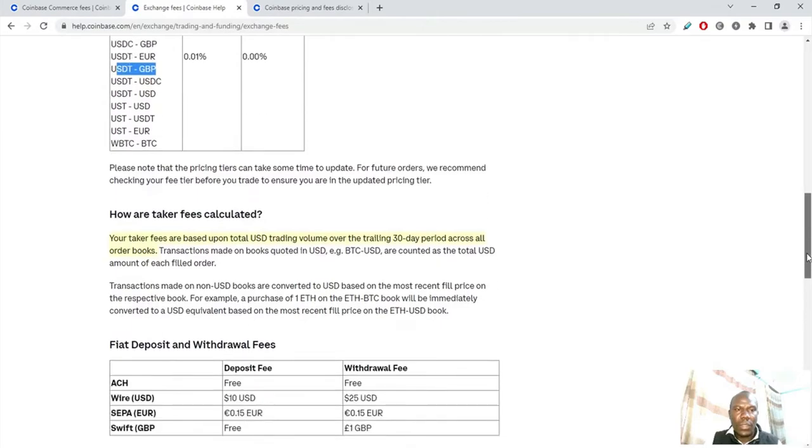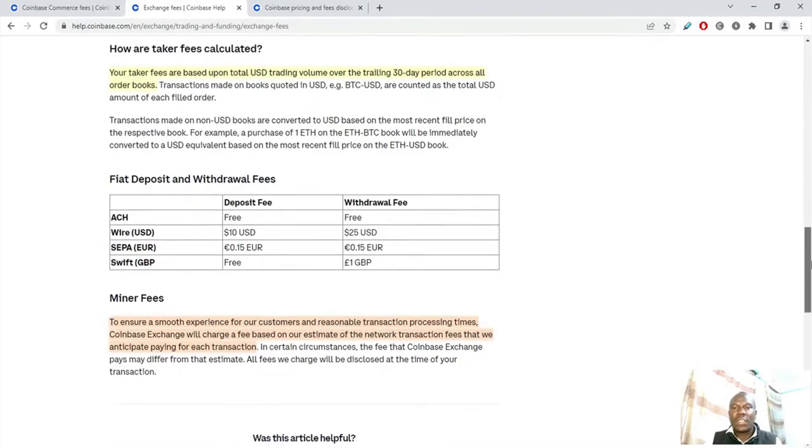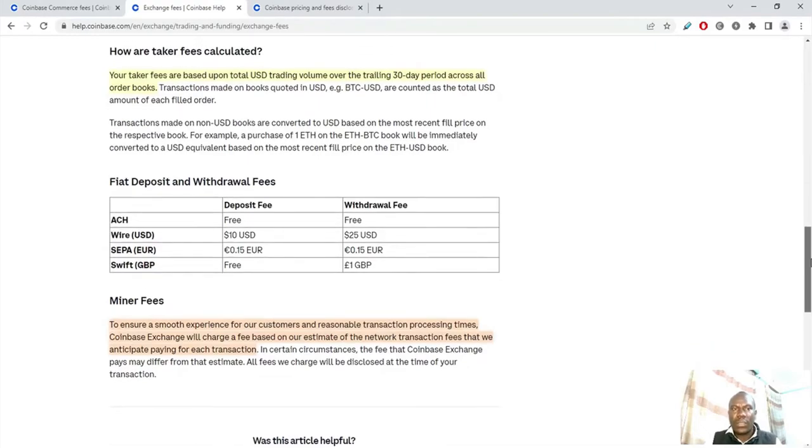So please note that the pricing tiers can take some time to update. For future orders, we recommend checking your fee tab before you trade to ensure that you are in the updated pricing tier. So this is how the taker fee is calculated on Coinbase.